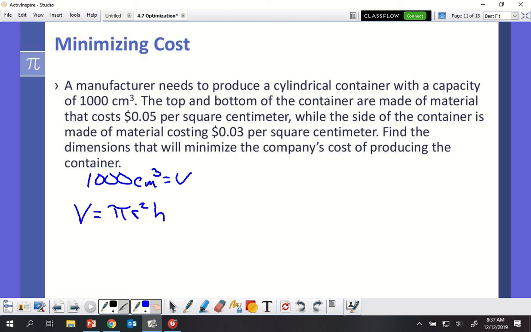And if I'm maximizing or minimizing the area, that means I would do what with that? If you're minimizing an area, what mathematical thing do you have to do to minimize it?